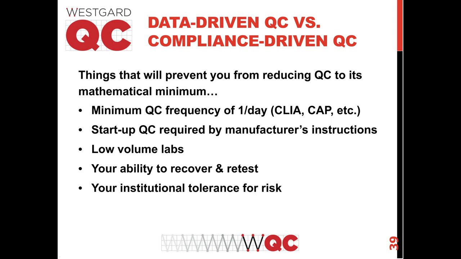Another thing that will come into play is your institutional tolerance for risk. If our recommendations reduce your QC frequency, but your risk management department is not happy with that, you're going to have to go with what your risk managers are telling you.